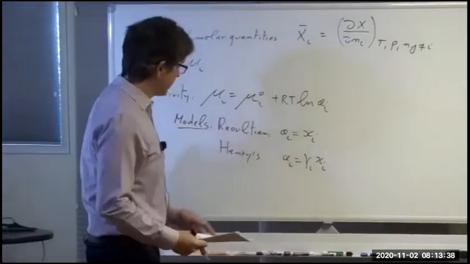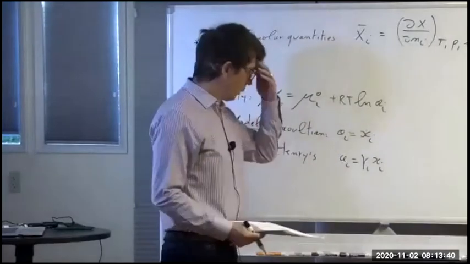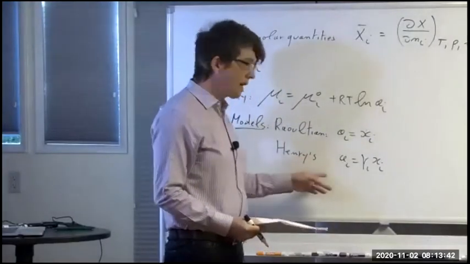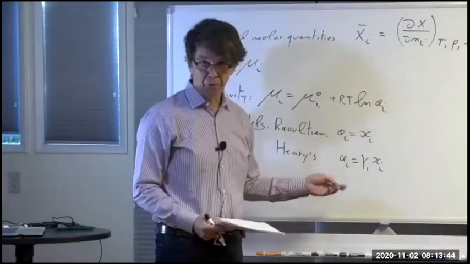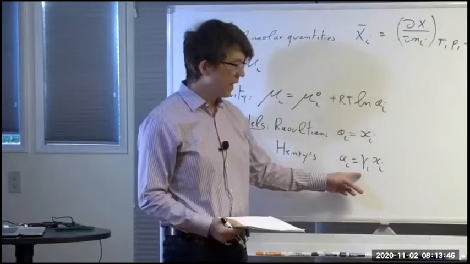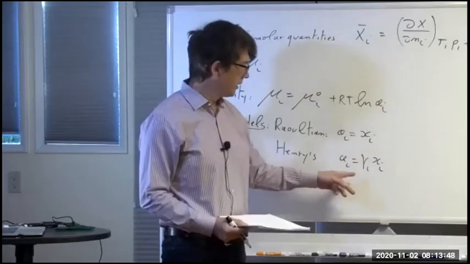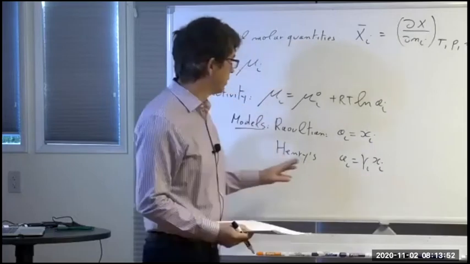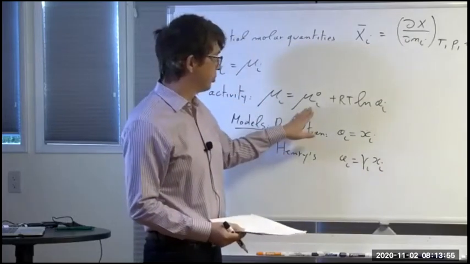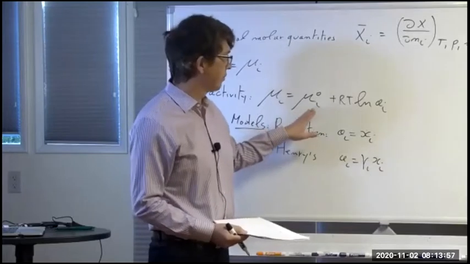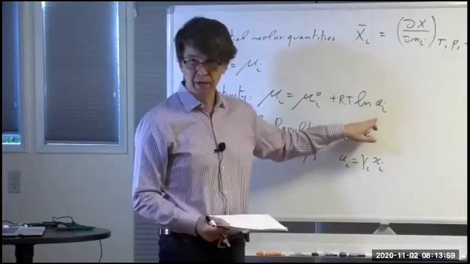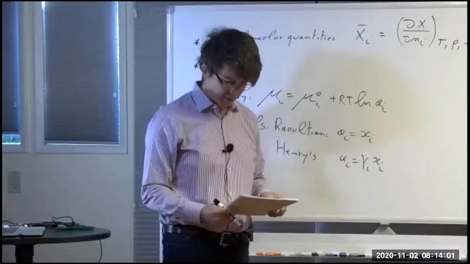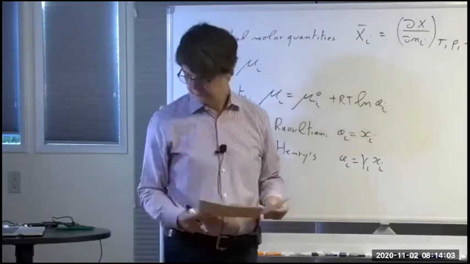And I think, as somebody asked at the end of class, you can already see that Henry's cannot hold over the full composition range, because if gamma is different than 1, then the activity would not be 1 when x_i is 1, which is required, right? Because if your reference state is the pure solid, then in the reference state, this term has to be 0. So the activity there has to be 1. Okay.